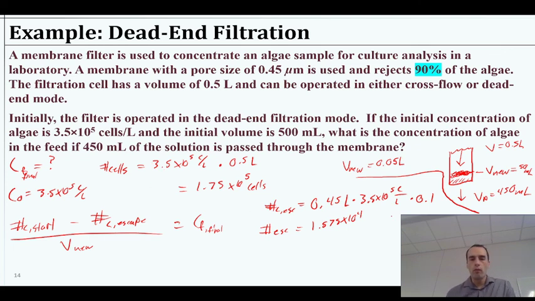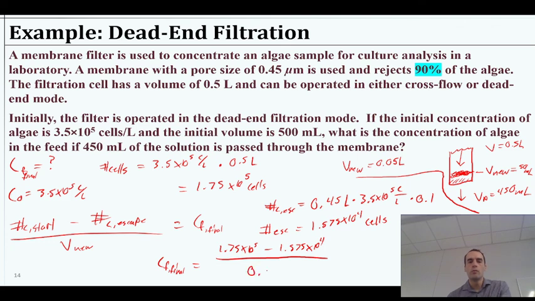But since this is the way I'm going, that means that this C final in the feed is going to be equal to 1.75 times 10 to the fifth minus 1.575 times 10 to the fourth divided by our new volume, 0.05 liters. Okay, and it's probably a lot to do in just the calculator.